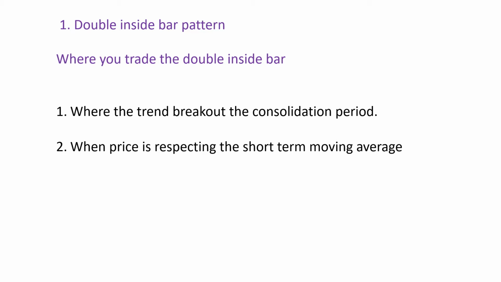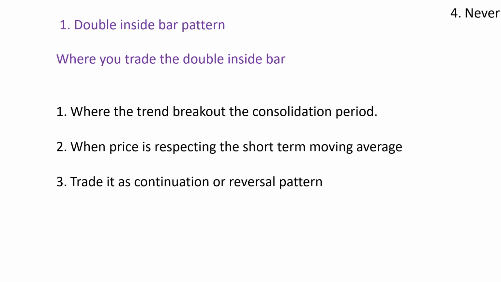Second, when price is respecting a short-term moving average, like SMA 10, again you have momentum and the inside bar is powerful to enter the trade. Third, trade it as a continuation or reversal pattern, since this pattern is very powerful in a strong uptrend or downtrend, and also at major support or resistance levels.